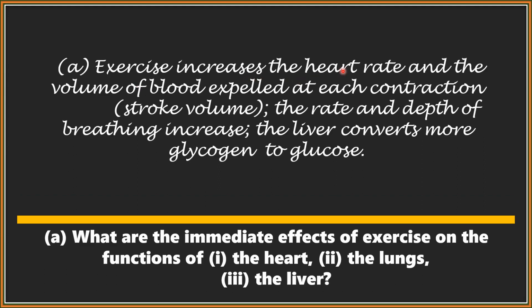Exercise increases the heart rate and the volume of blood expelled at each contraction, the stroke volume. The rate and the depth of breathing increases. The liver converts more glycogen to glucose.